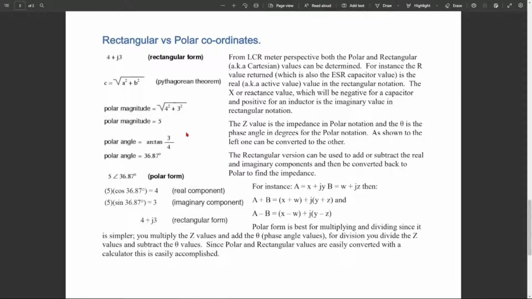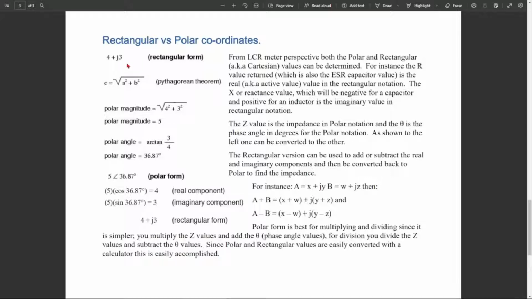What it actually refers to is that you can record the value of a reactive component such as a capacitor and inductor in two different ways. There is a rectangular form, and there's an example given over here, 4 plus j3. In various branches of mathematics, sometimes they use an i, but in electronics we usually use a j to notate that the value following it is the actual imaginary number.